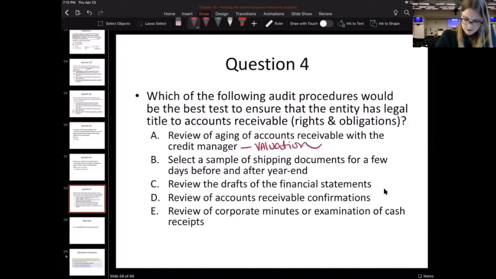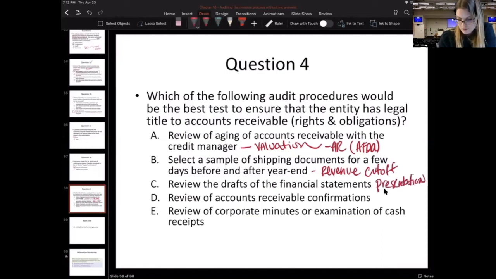B, selecting a sample of shipping docs a few days before and after year end, is revenue cutoff. C, reviewing the drafts of the financial statements, is probably testing some kind of presentation and disclosure. D, reviewing AR confirmations, we know is AR existence. So last but not least, E, review of corporate minutes or examining cash receipts.